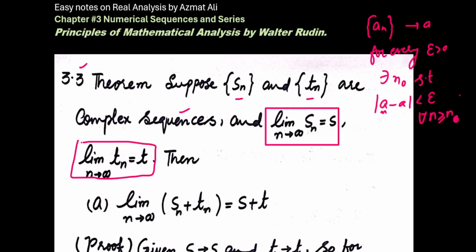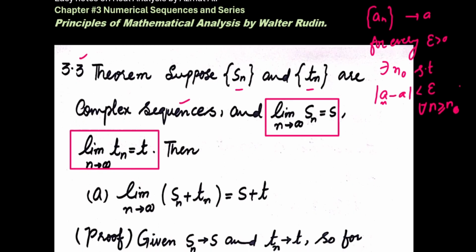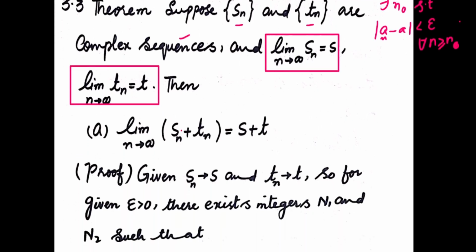In other words, sn converges to s and tn converges to t. Then the first part is we have to show the limit of the sum of sequences is equal to the sum of their limits. In other words, when you add up two sequences, they converge to the sum of the limits, s plus t.